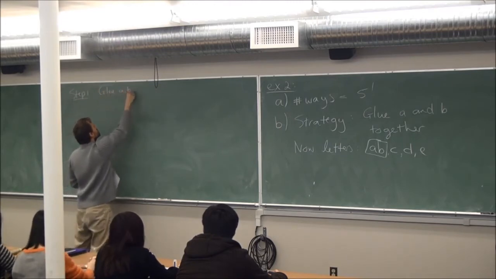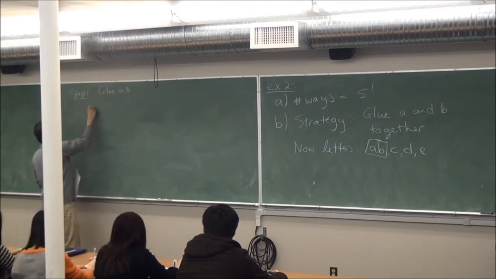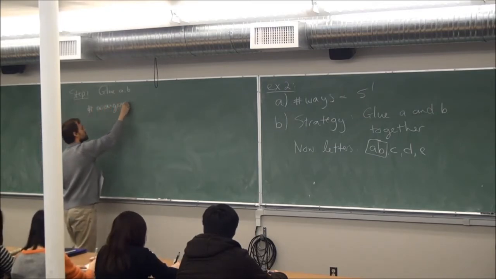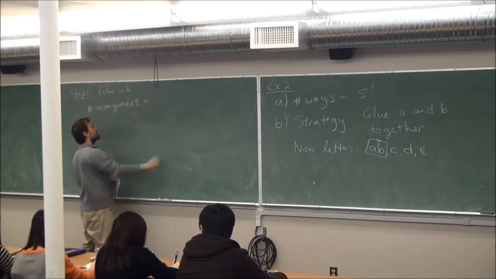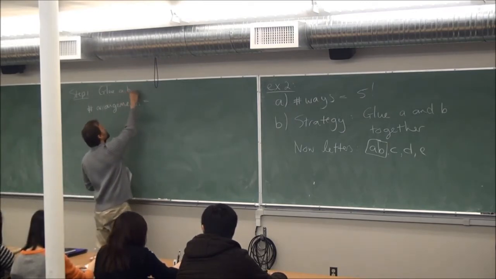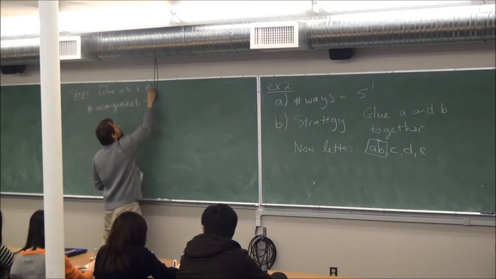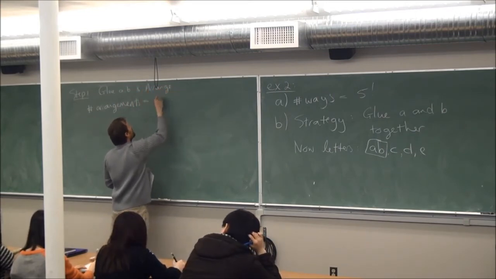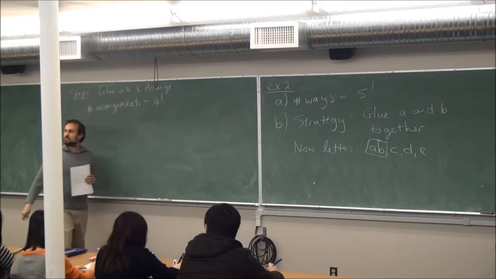Glue A and B. Now how many ways can I arrange these letters? 4 factorial. Let's say here, glue A and B and then arrange. He says 4 factorial, 5 factorial.